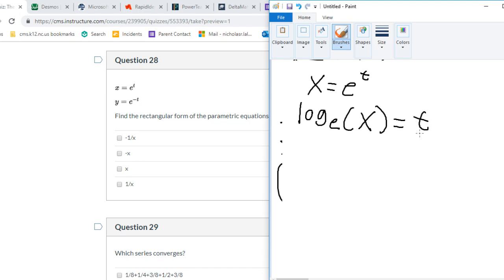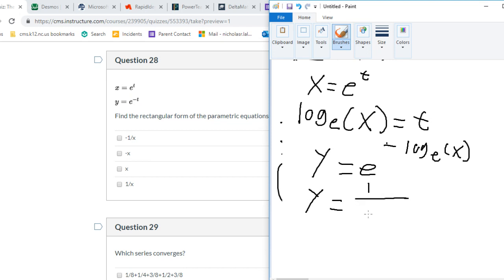So we've isolated t, which means we can say y is equal to e to the negative log base e of x. And a negative exponent means it's 1 over that positive exponent. That's y is equal to 1 over e to the log base e of x.